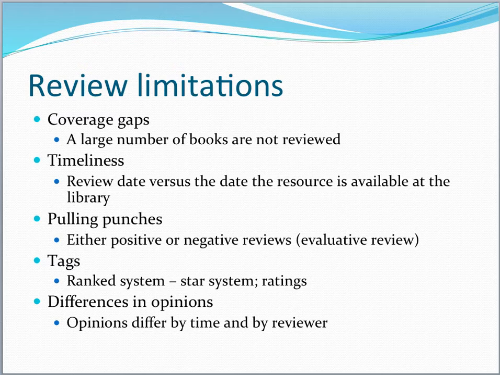Then we have what they call a tag system or a rank system. And the problem here is sometimes we don't understand what that means, or there is no explanation of what it means. So if one book has 2 stars, what does that mean? They use tags because it's easier for them, and it doesn't take as much space as a full review would.